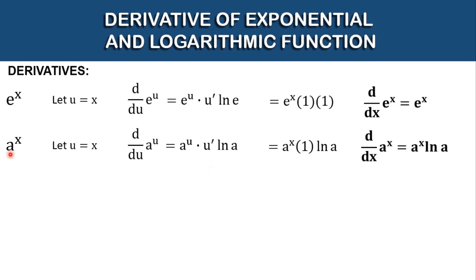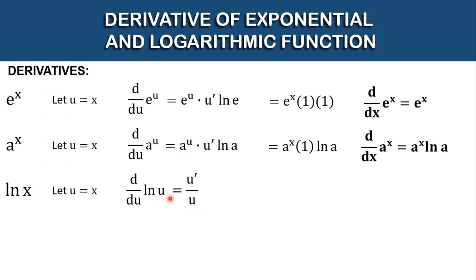The third one is ln x, or the natural logarithm of x. So again, let u is equal to x. Then, d over du of ln u, so the derivative of the natural logarithm of u, is equal to u prime over u. So u prime is the derivative of u, and u kung ano man yung value natin dito.